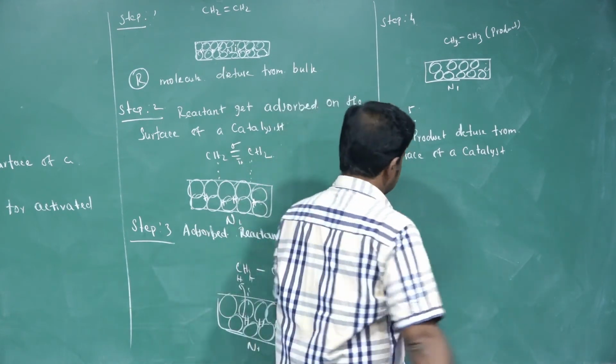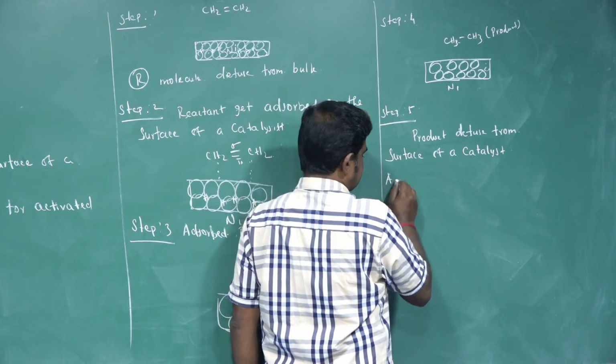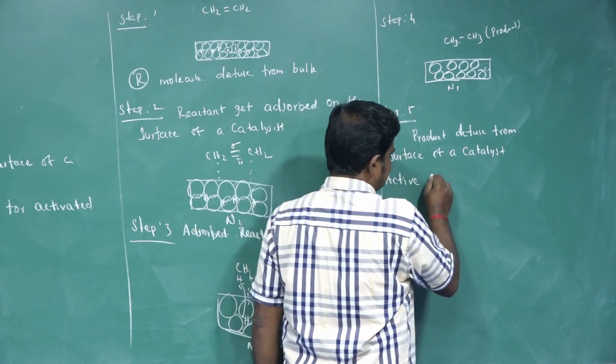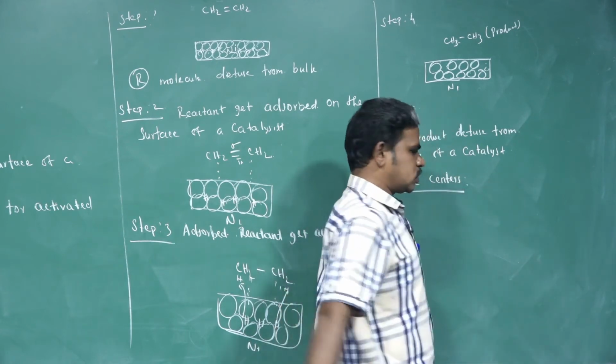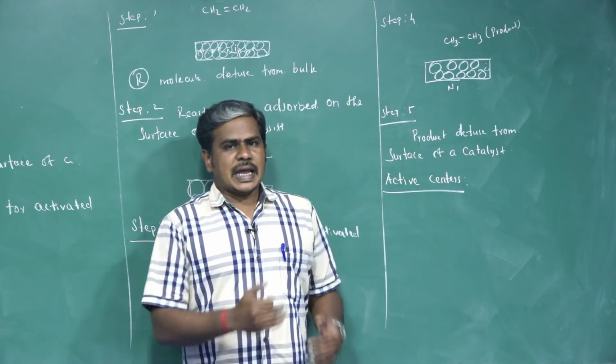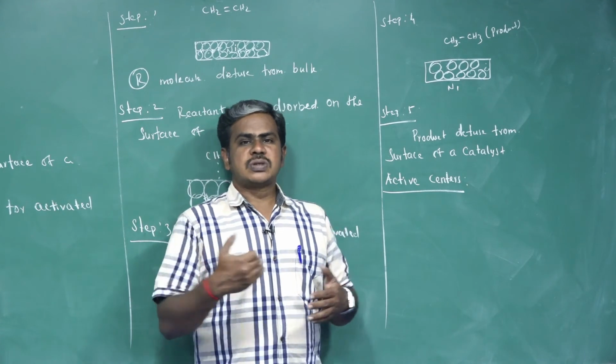Now we look at the catalyst and its active centers. What are active centers? A catalyst does not have a smooth surface.